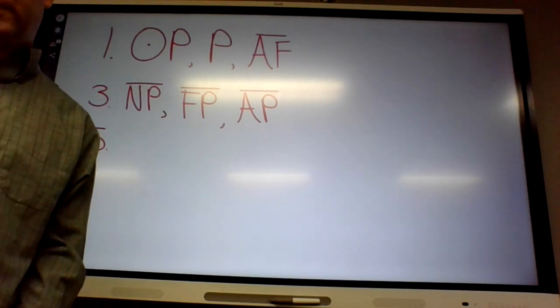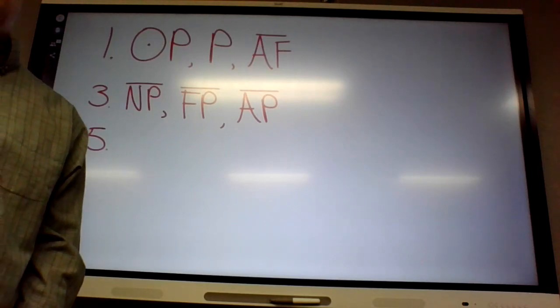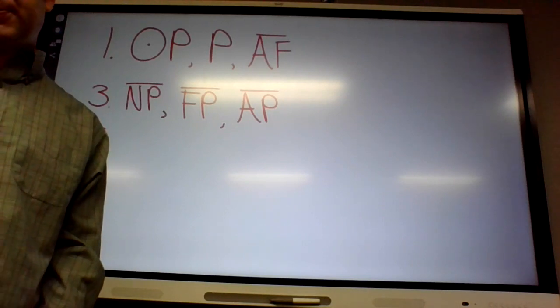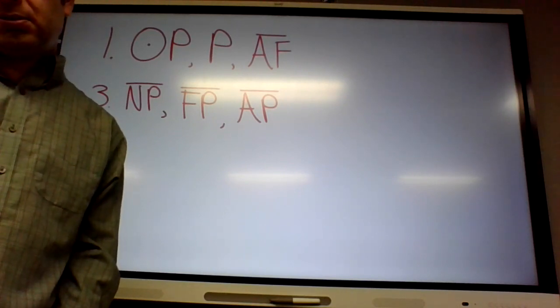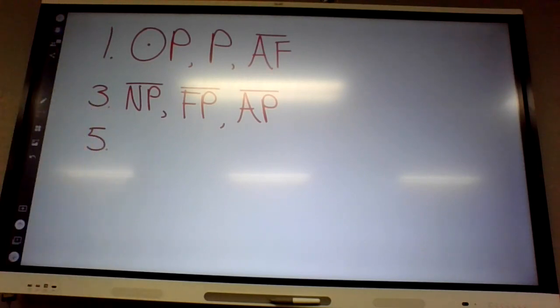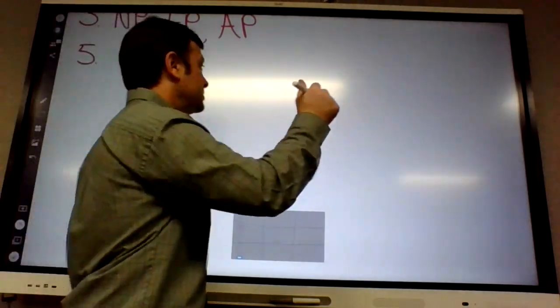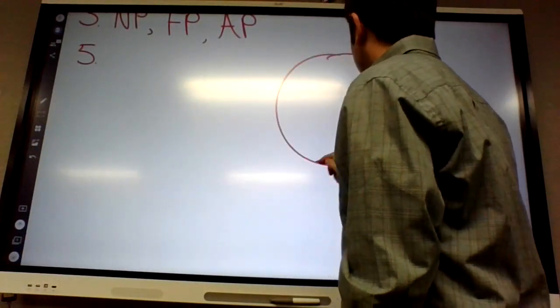Number 5. Write an algebraic expression for each length in circle O. How long would AC have to be? Okay. I think I should draw a picture for these. Take me a while. Yeah, that's better.